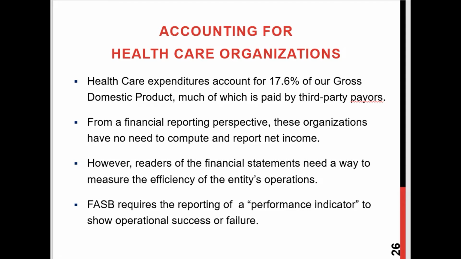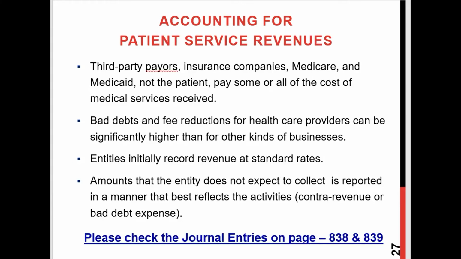So FASB actually requires that they produce this extra statement, which is called the statement of functional expenses, to elaborate all of their expenses. And they need to prepare all those financial statements, which could provide a signal of their financial performance indicators, and that can also reflect their operational success or failure.